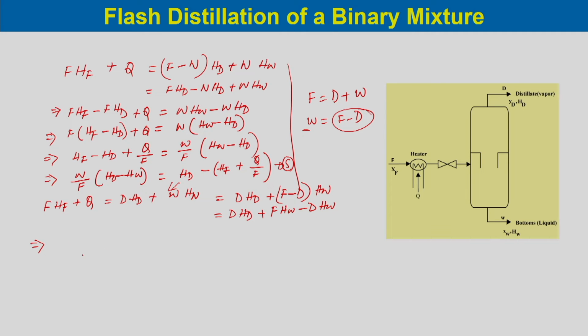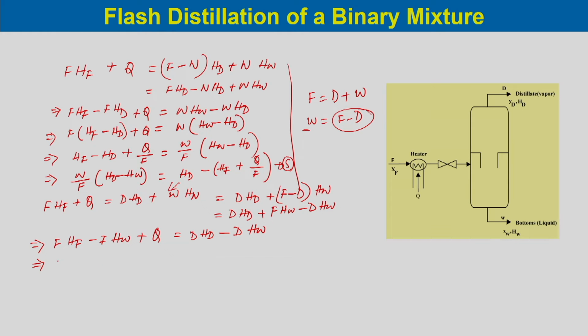Here, if we do the rearrangement, F HF minus F HW plus Q would be equal to D HD minus D HW.